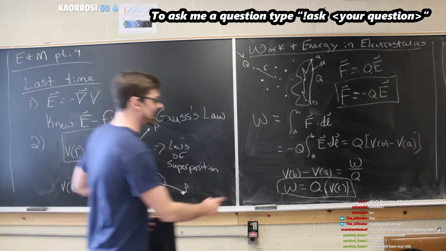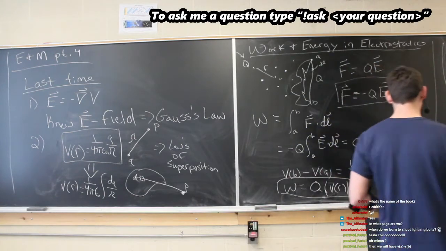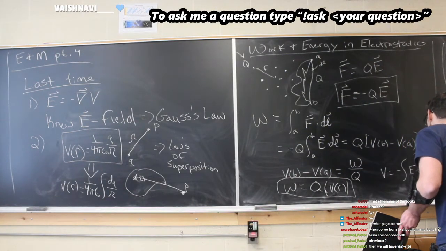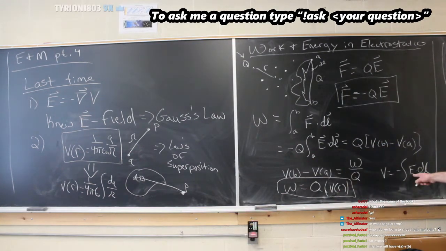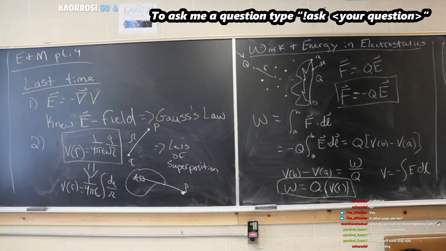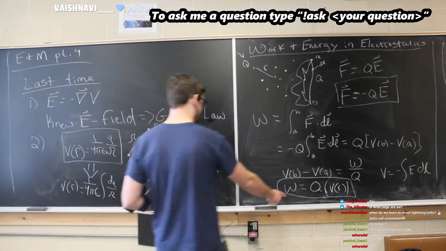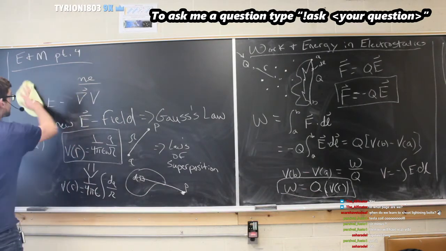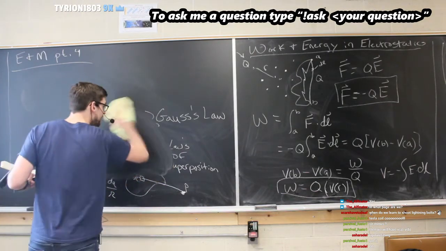The minus right here, by definition, V is equal to the negative integral of E dot dl. So I'm going to eat this minus up right here. When I plug in this V, I'm going to get minus there. Does anyone remember where from intro E&M they might have seen something similar to this? While I erase this, I'll give you guys a second to think about it.